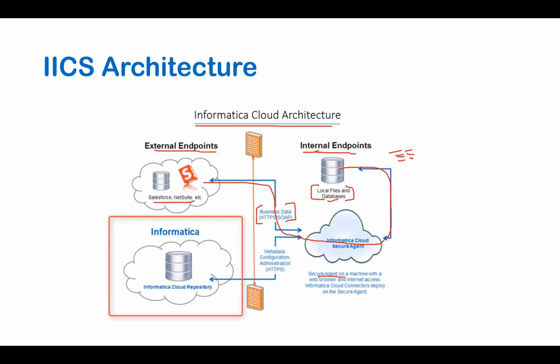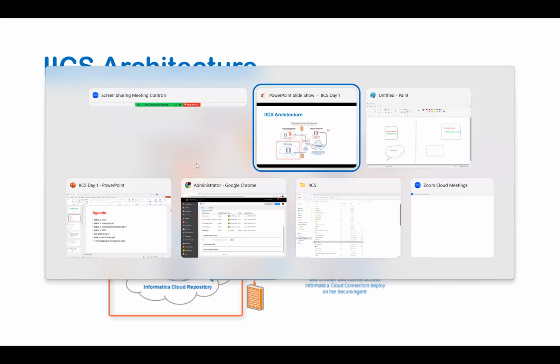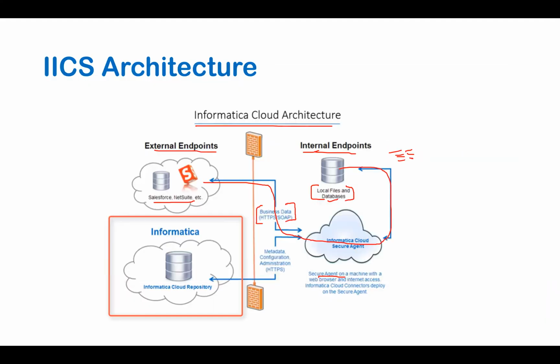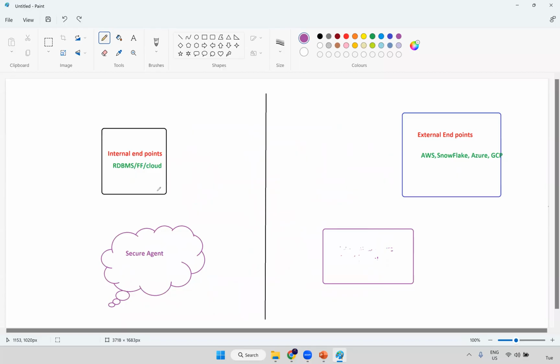Yes, we will move it, and it should be moved to the external endpoints through the Secure Agent. Why? Because only the Secure Agent will establish a secure connection from our local environment to our external endpoints.